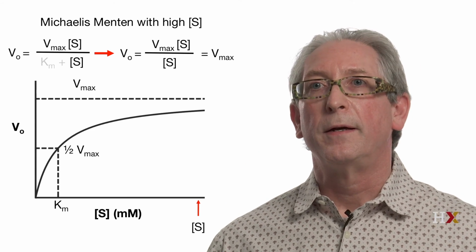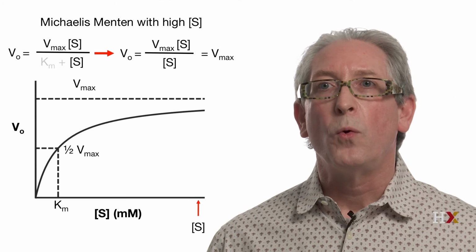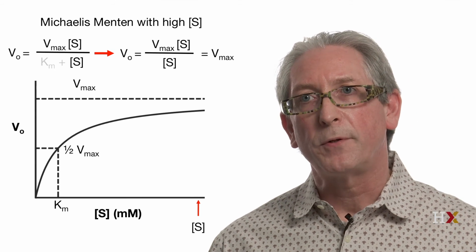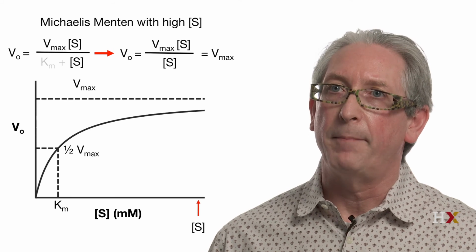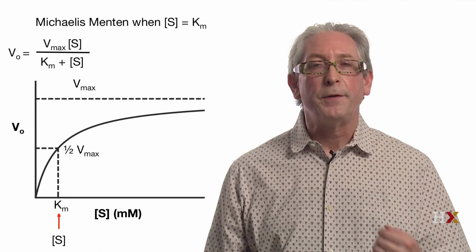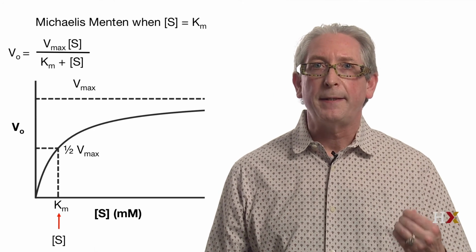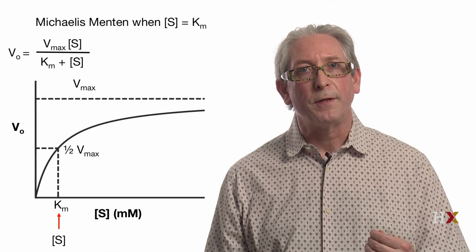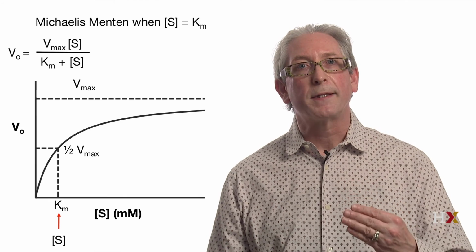We can take an intermediate example where the concentration of the substrate is very close to Km. So let's say that it's equal to Km. Under this condition, the Michaelis and Menten equation becomes V0 equals Vmax over 2.